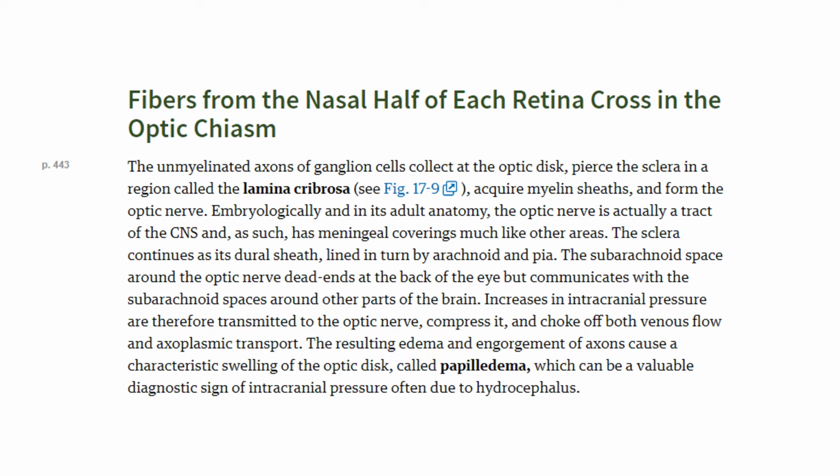The resulting edema, or swelling or inflammation and engorgement of axons, cause a characteristic swelling of the optic disc called papilledema, which can be a valuable diagnostic sign of intracranial pressure, or ICP, often due to hydrocephalus, or what you see there, hydro being water, cephalus being head.